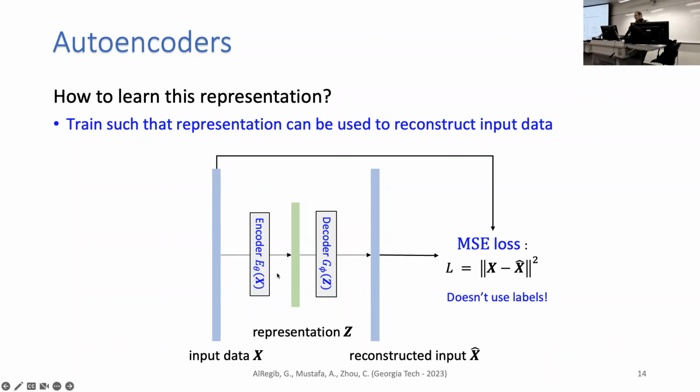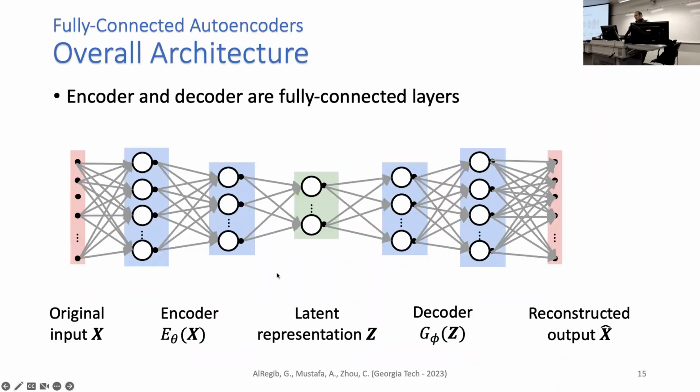So we don't use any labels in that case. We could use fully connected layers, an MLP. If you just look at the left-hand part, this is very similar to an MLP. We have seen MLPs at least twice in this course so far. So this is really nothing but an MLP. But the difference is that after the final layer, an MLP has the mapping into the classes, right?